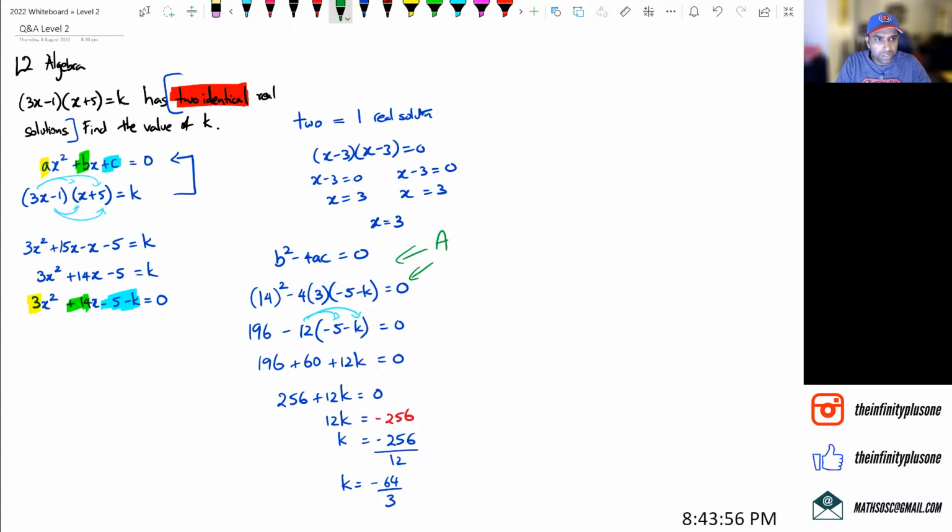What I want to show you guys is how the solution of negative 64 over 3 comes about, so you can visually see what's happening and understand. X plus 5 equals k. Oh, minus k. Just going to put that as minus k.